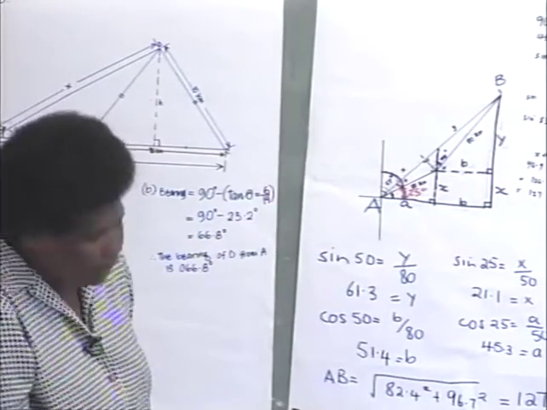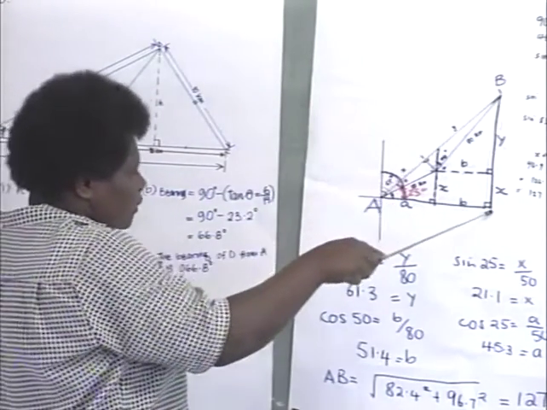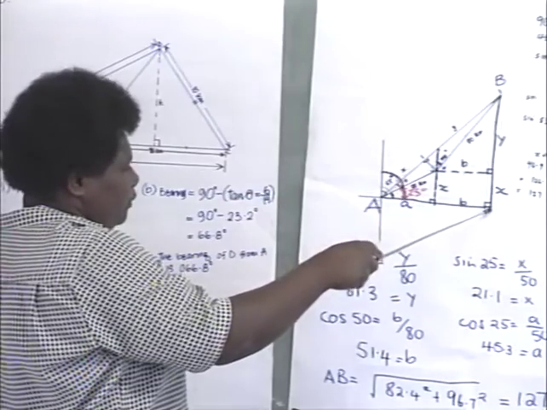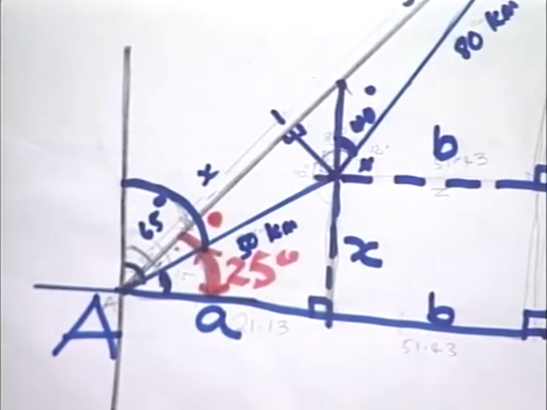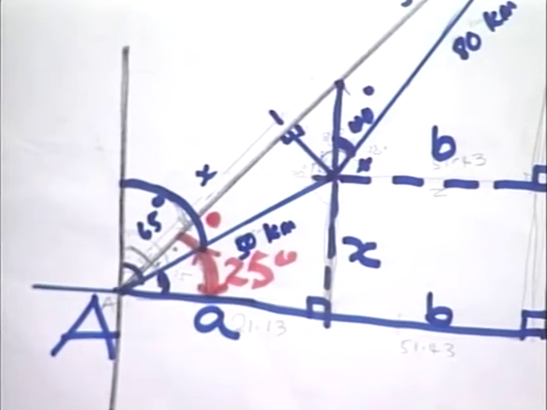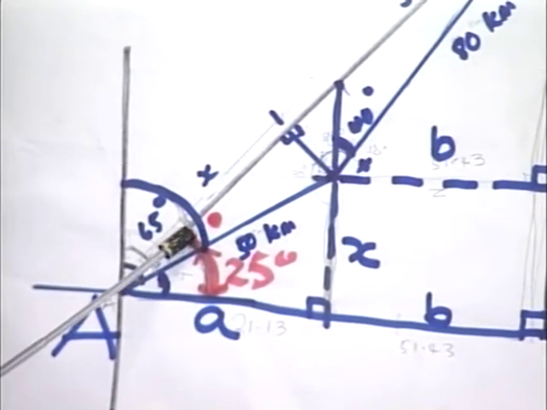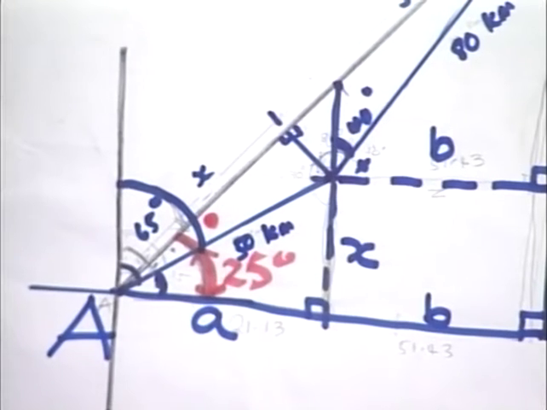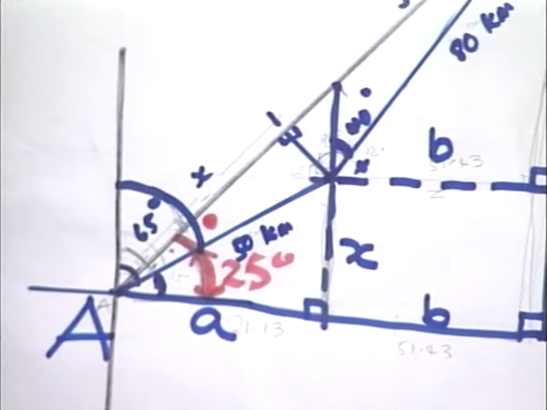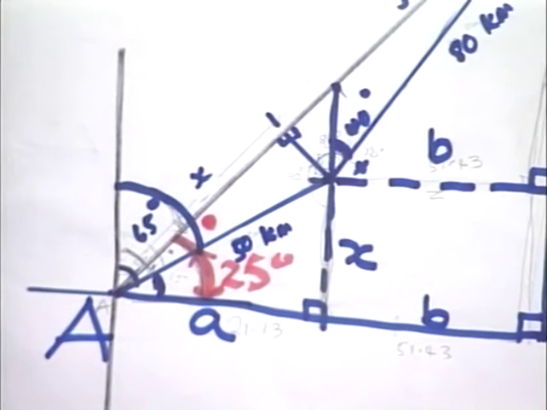So what am I going to do? We know that this one is 82.4 and this one is 96.7. How can I calculate this angle here that includes this 25 degrees? What do I need to use? Sine, cos, or tan?